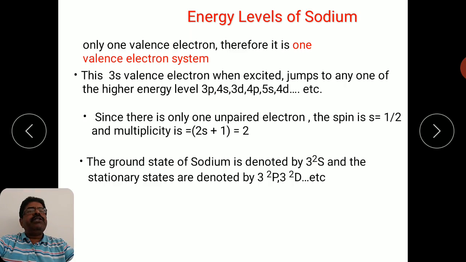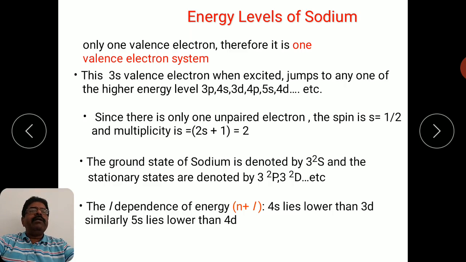And the stationary states are denoted by 3 doublet P, 3 doublet D, and so on. So whenever the electron goes to the higher level excited states, these states will be denoted by these particular notations.